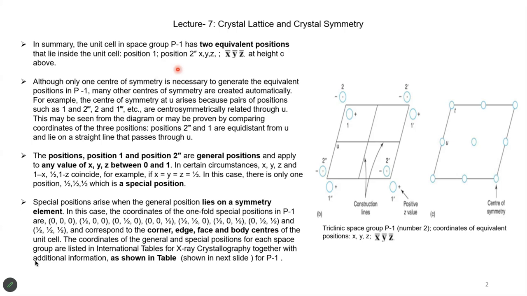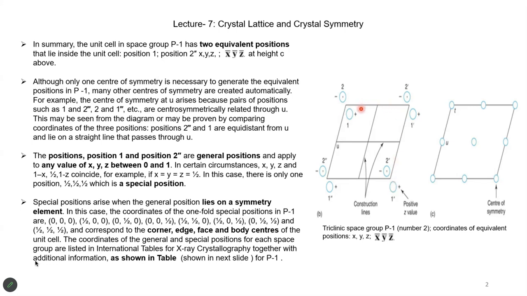Well, then we see, according to the symmetry elements, we have only 2 equivalent positions. And what do you mean by 2 equivalent positions? We always talk about the unit cell and how many positions we have in a unit cell due to the symmetric operation. So in this case, it has a center of symmetry, and in the unit cell we will have 2 positions.